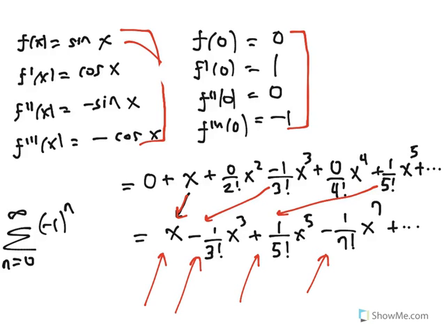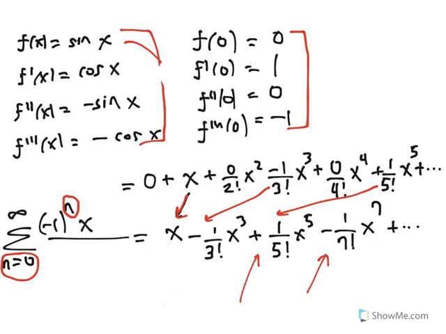If I start my index at 0, then I would like it to be to the nth power because negative 1 to the 0 is positive 1, and of course I want my first term to be positive because it should be positive x. And if I choose to start my index at 0, then I need to figure out what x should be raised to and what my denominator should be.